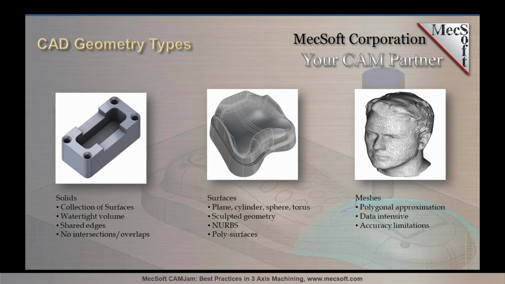And also the accuracy of machining cannot really be controlled or improved beyond the accuracy of the original model. And so when you think about geometry, solids would be the preferred option if it is available to you, followed by surfaces, which are an accurate mathematical representation. And your last option would be meshes if there is no other way for you to receive the data to start your machining process.